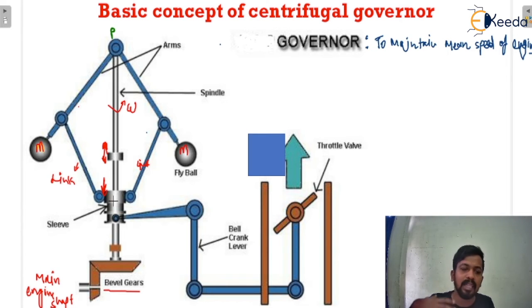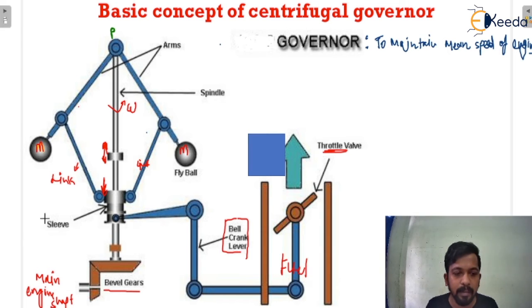As the sleeve starts moving downward, since the sleeve is connected to the throttle valve via a bell crank lever, and the throttle valve controls the fuel, as there is an increase in the load on the engine, there will be a decrease in the speed of the spindle, and the sleeve will start moving downward.